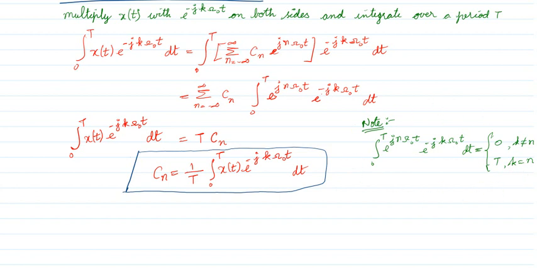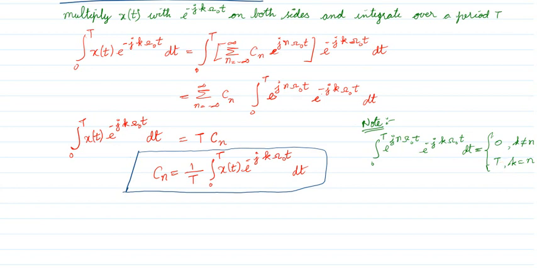It's because when they are equal, what happens? Think about it. When k and n are equal, I can write e power j theta as cos theta plus j sin theta, and e power minus j theta as cos theta minus j sin theta. I have given the result; you please explore why we are getting T when k and n are equal, and 0 when they are not equal.